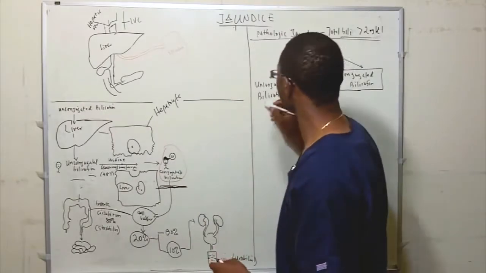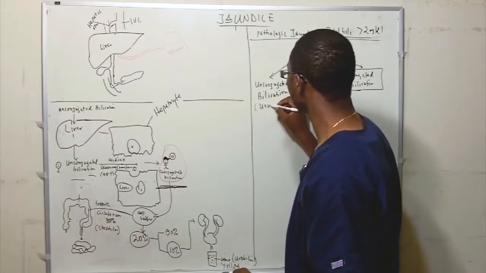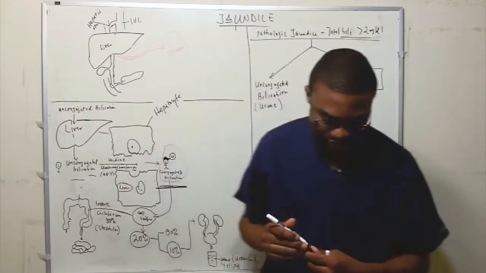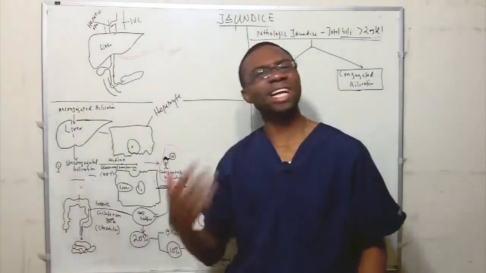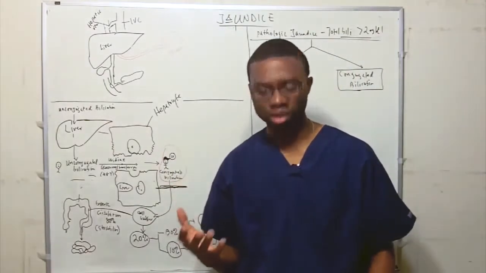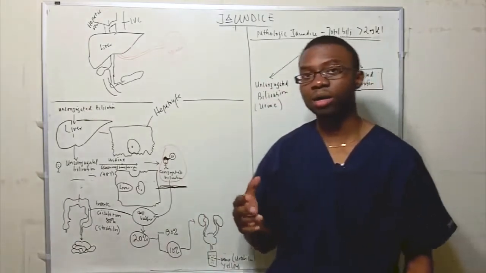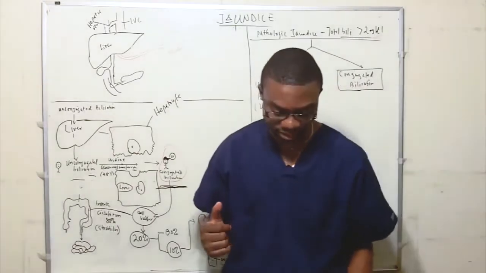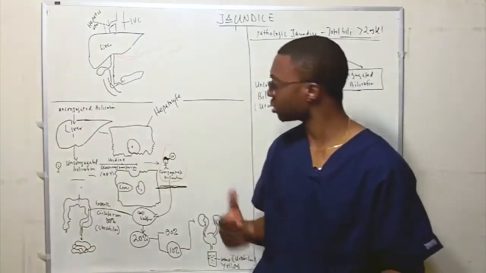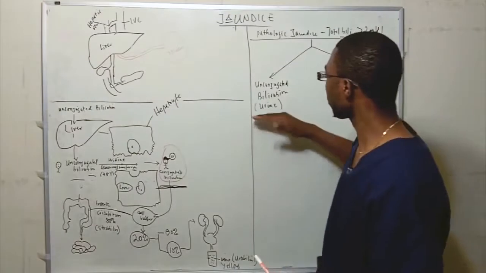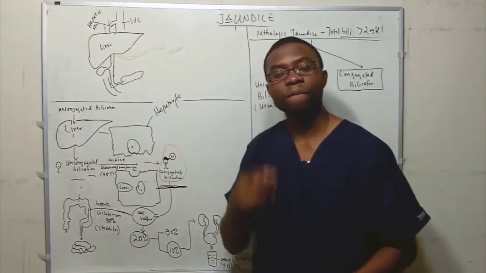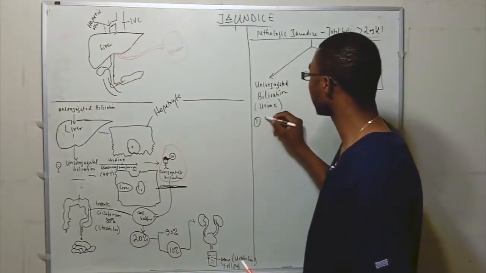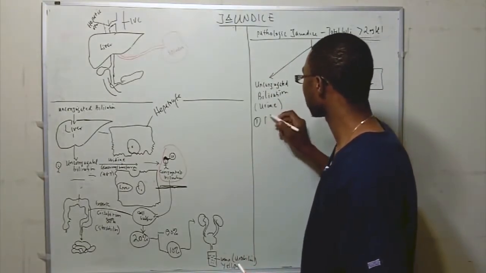When people have unconjugated bilirubin in the urine, because that's where we're going to find it when we test with a urine dip, it's either you're making a lot of bilirubin and your body can't control it, or there's a reduced hepatic uptake of the bilirubin for conjugation. So what do we mean by that? For unconjugated, the most common thing that causes a lot of unconjugated bilirubin is what? Hemolysis.